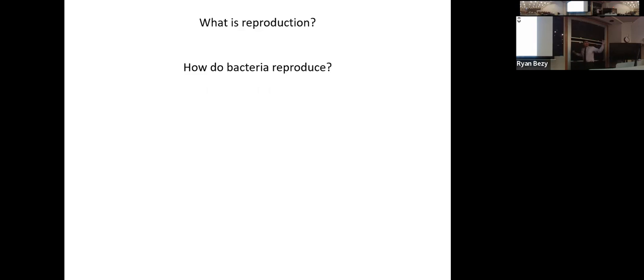Then we also have asexual reproduction. Does anybody want to hazard a guess on what asexual reproduction is? Maybe a definition for that one? So are there two parents in asexual reproduction?